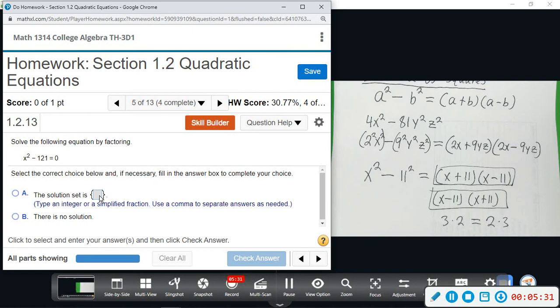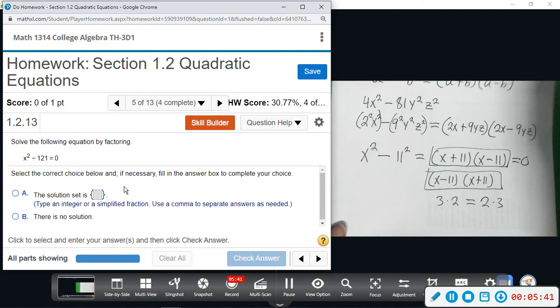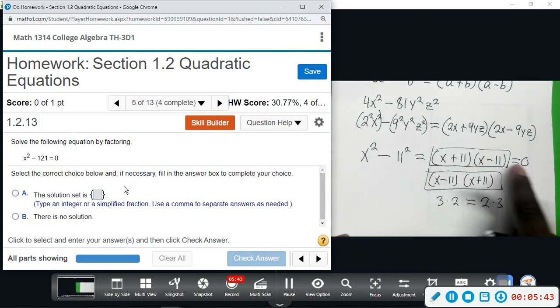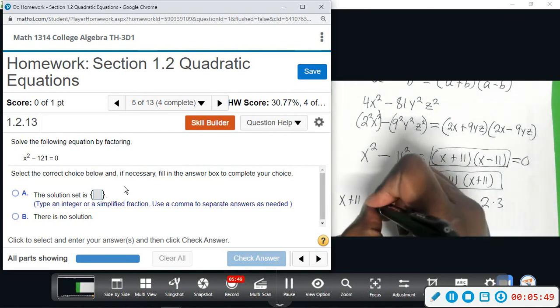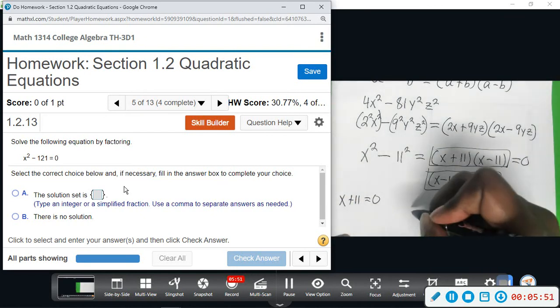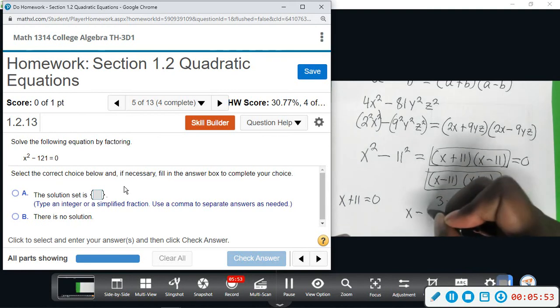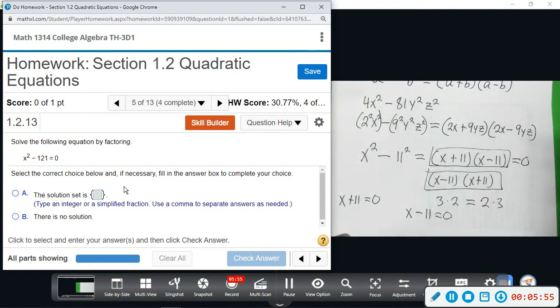It wants the solution set, so I didn't finish the problem. I just got the factored form. So this is equal to 0. We take each of these terms, x plus 11 and x minus 11, and set it equal to 0. So I have x plus 11 equals 0 and x minus 11 equals 0.